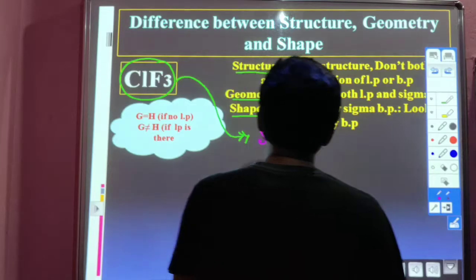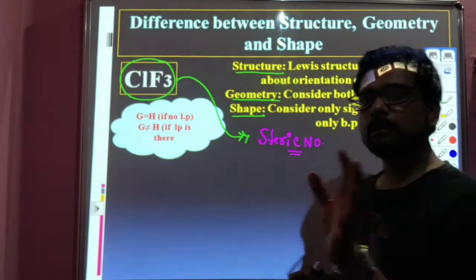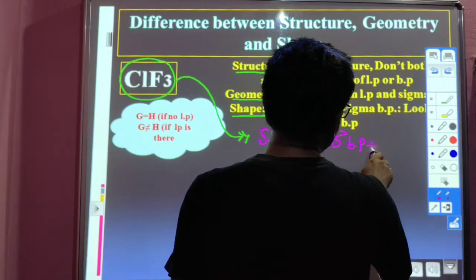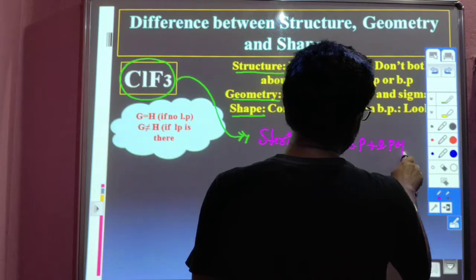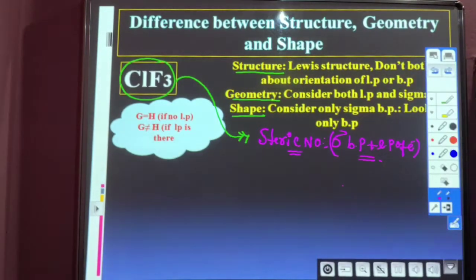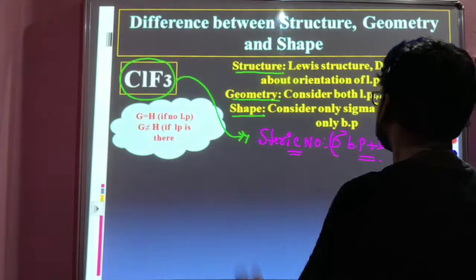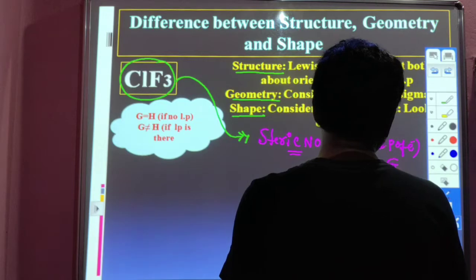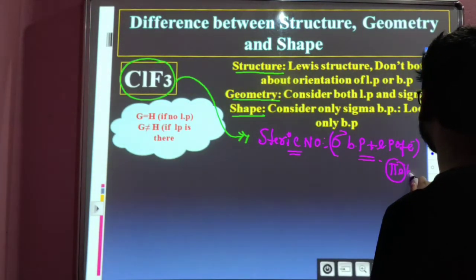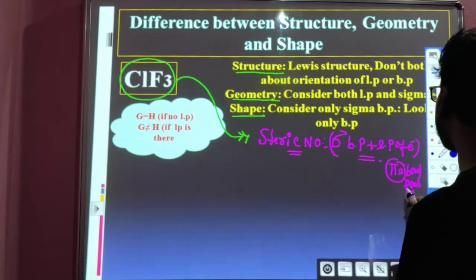Steric number is basically sigma bond pair plus lone pair of electron. While drawing structure, we will also consider pi electron, means pi bond pair also we will show while drawing structure.